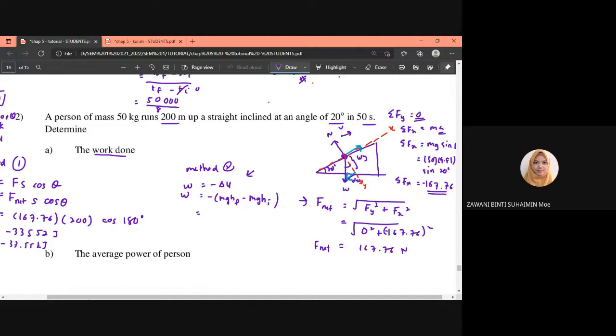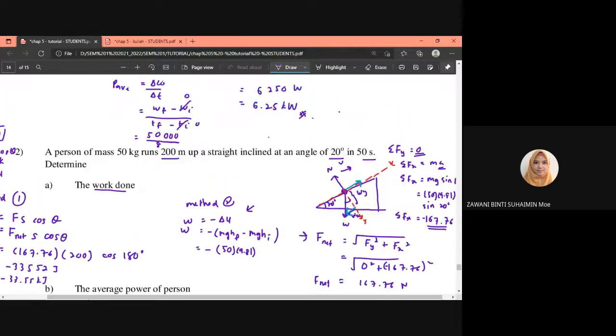Okay, so negative mgh apa m dia 50, g 9.81. Okay, H final, so kita kena resolve lah. Kita kena cari dia punya H. Okay, so tadi dia punya hypotenuse, okay, yang ini 200. Okay, so kita kena cari yang ini. Yang ini theta dia adalah 20.